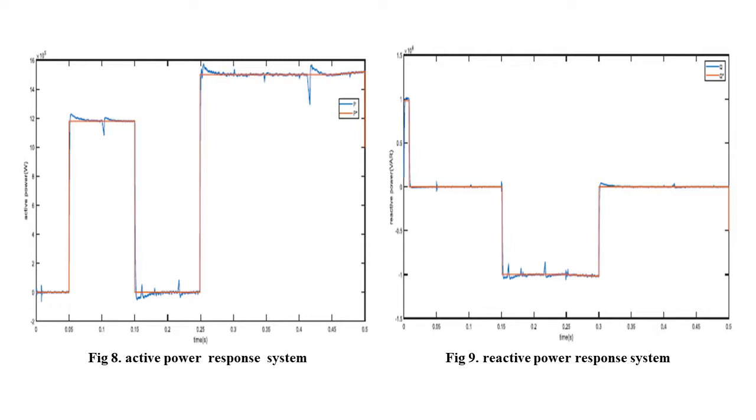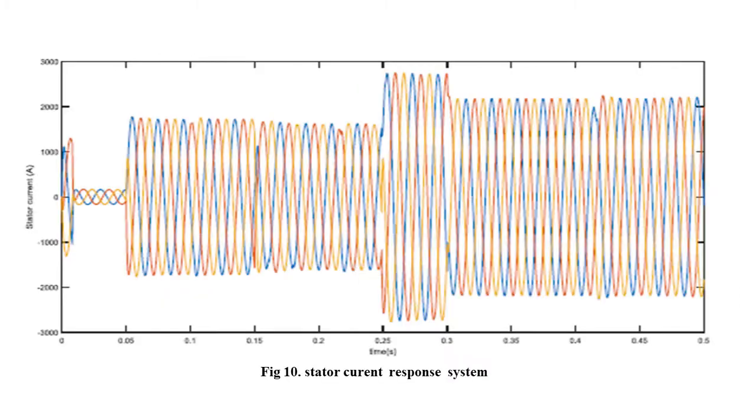There is good monitoring of the step for the active power as well as the reactive power, stator power, which is preserved at zero by the real power supplied by the double fed induction generator. The same here for the stator current response.